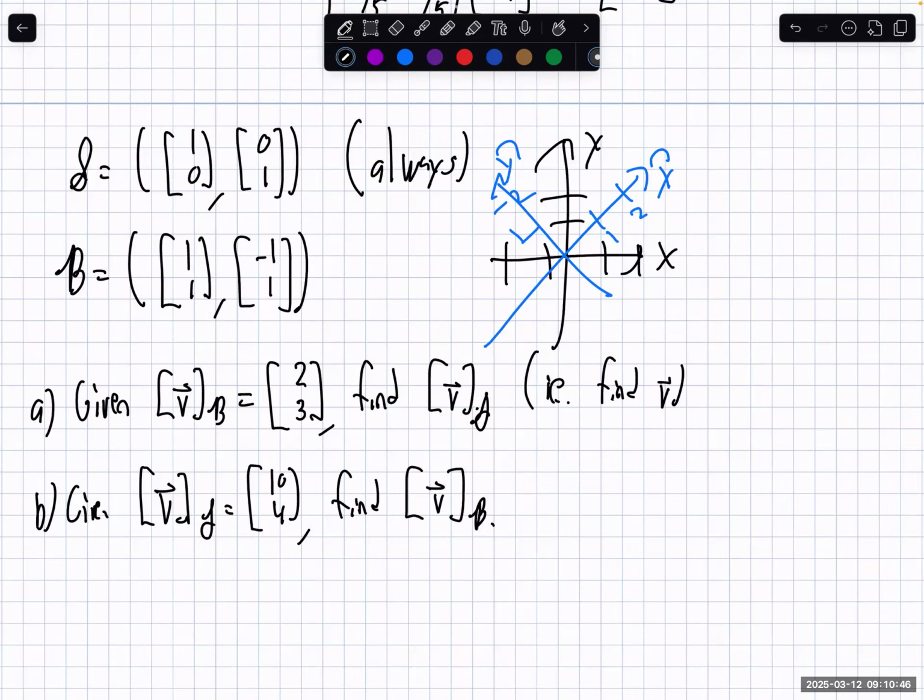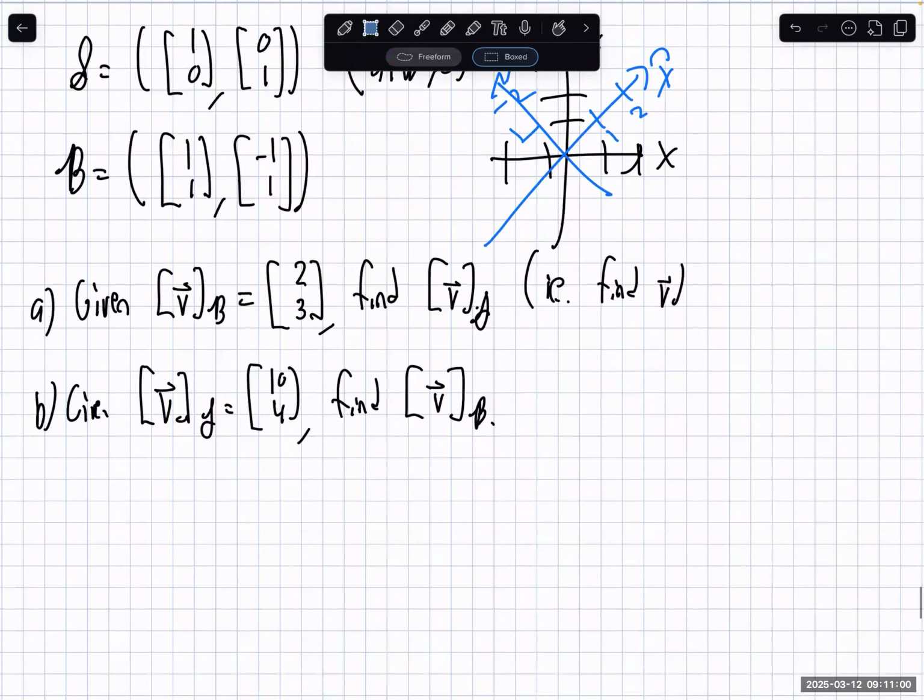The two typical problems here are I give you the B coordinates and ask you for the standard coordinates, or give you the standard coordinates and ask you for the B coordinates. Let's try this first one. Oh, so before we get started, the B to S matrix is easy to make.